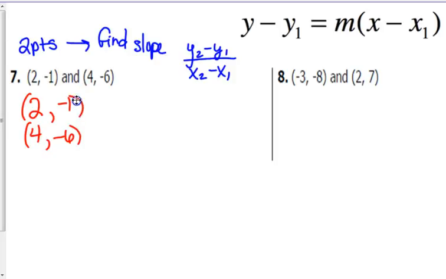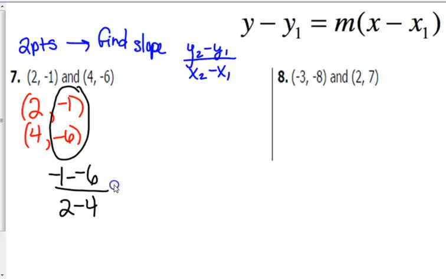So we're going to do negative 1 minus negative 6 over 2 minus 4. You could do negative 6 minus negative 1 and 4 minus 2. It's the same thing. In the end, you'll come out with, I got negative 5/2. Did someone else get that or not?